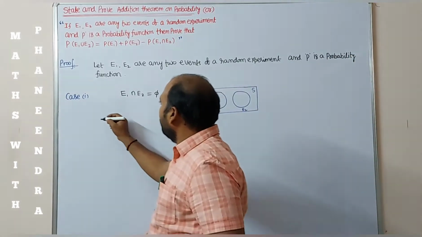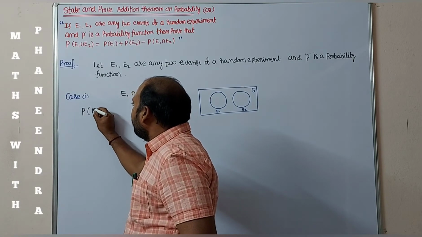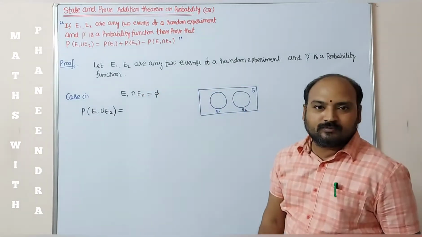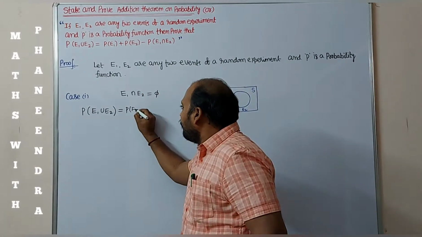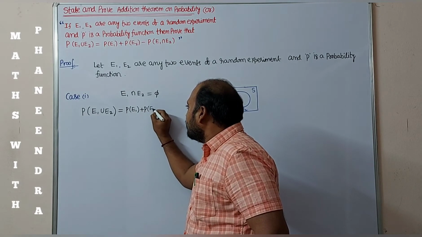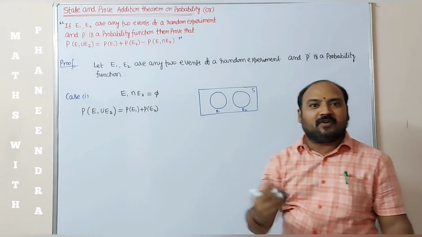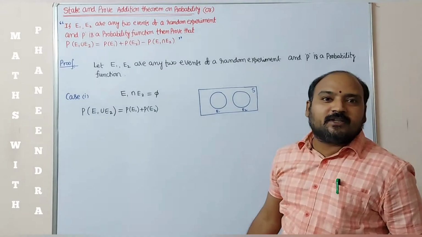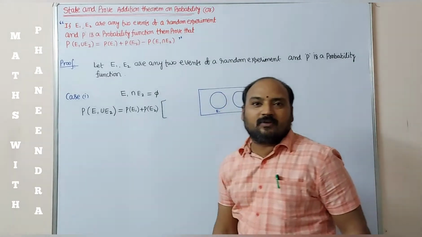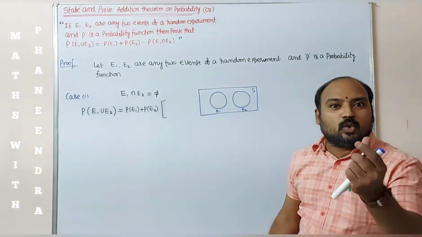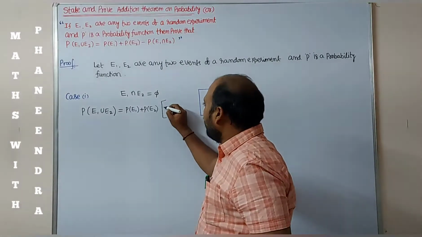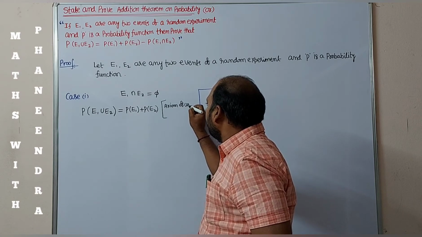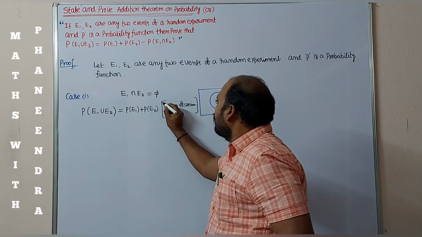See here, probability of E1 union E2 is equal to P of E1 plus P of E2. Sir, how are you writing this directly? Just now, before the discussion of addition theorem, we discussed the axiom of union.